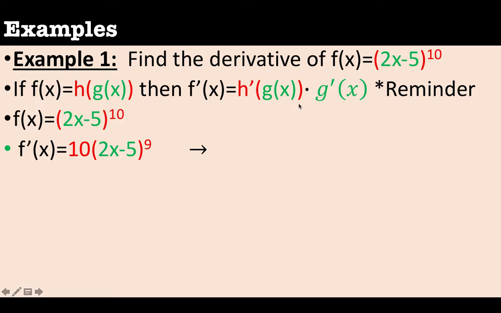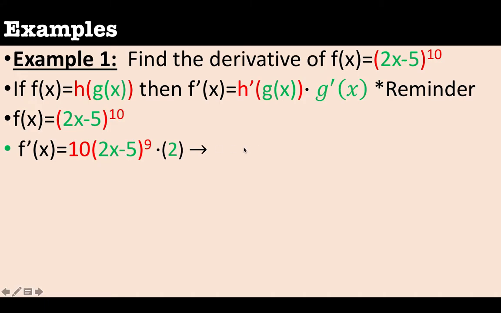So I took the derivative of the outer part and I kept the inner function the same. Then the rule says I have to multiply by the derivative of the inner function. Well, what is the derivative of 2x minus 5? It's just going to be times 2.